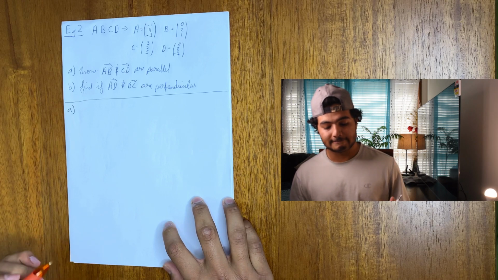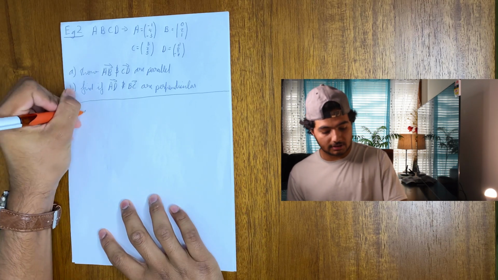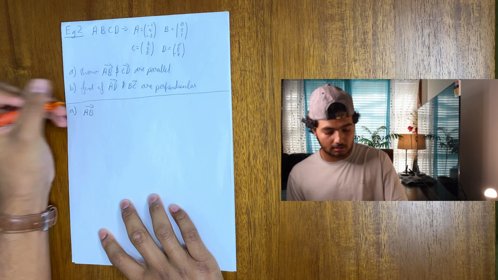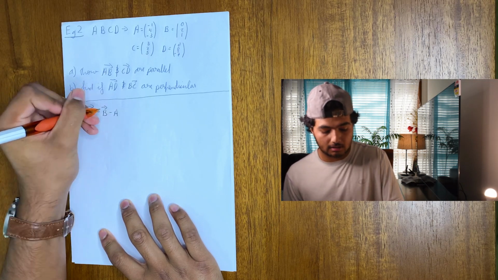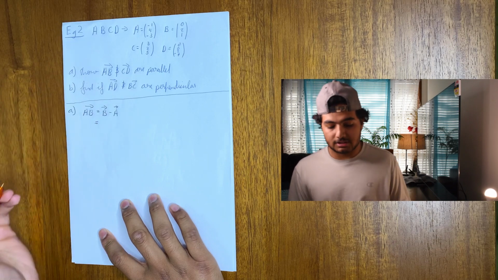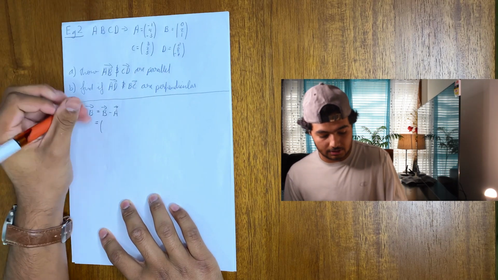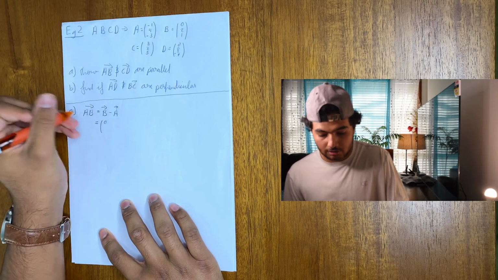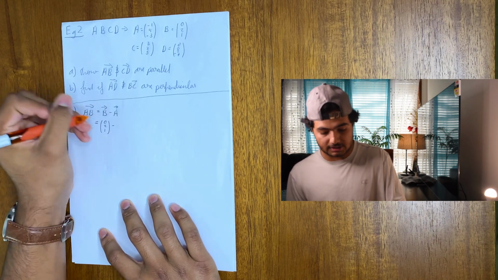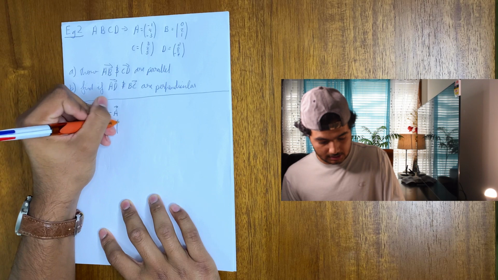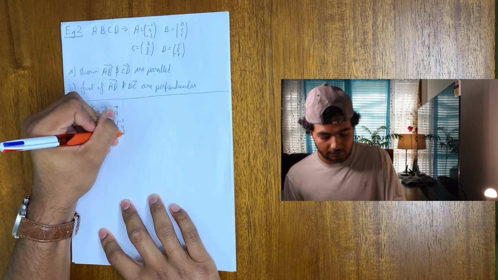We'll find what AB is first. So vector AB equals vector B minus vector A. Vector B in this case is 0, 2, 1 minus A, which is -1, 4, -3.